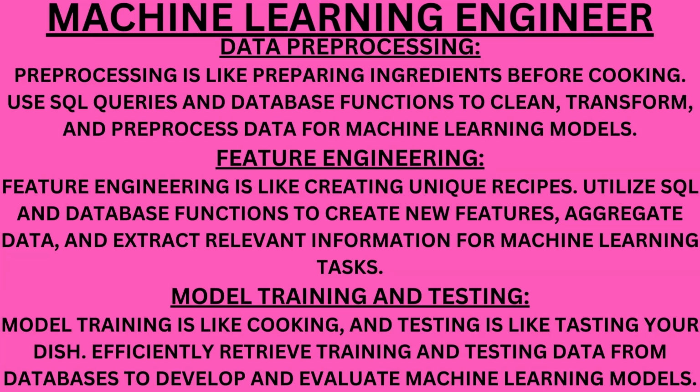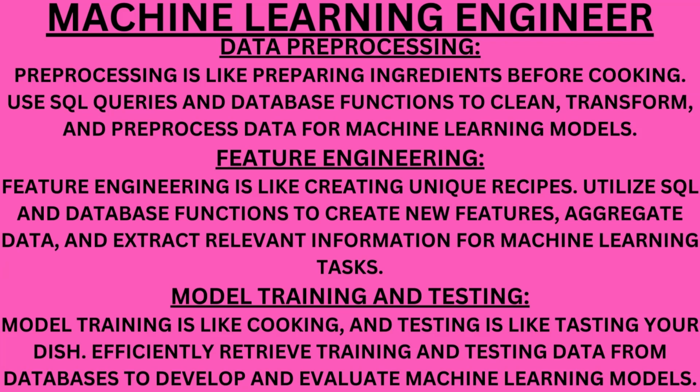Use SQL queries and database functions to clean, transform, and pre-process data for machine learning models. Feature engineering. Feature engineering is like creating unique recipes. Utilize SQL and database functions to create new features, aggregate data, and extract relevant information for machine learning tasks.